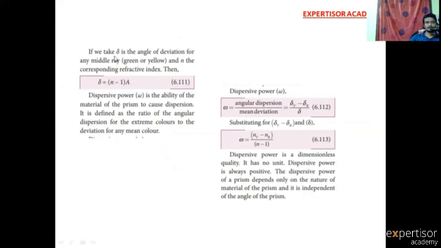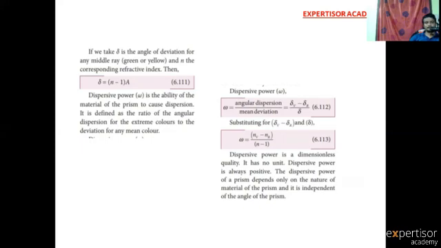Let delta be the angle of deviation of any middle ray and n the corresponding refractive index. The angle of deviation is how much the actual path of the light ray is changed; it is the angle between the refracted light ray and the actual path of the incident light.